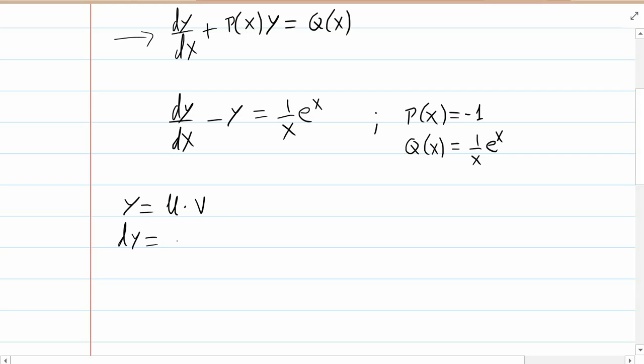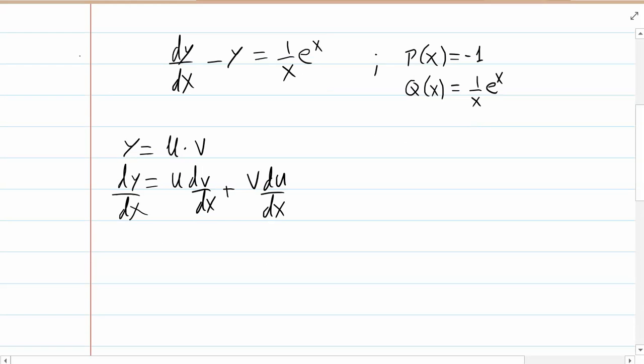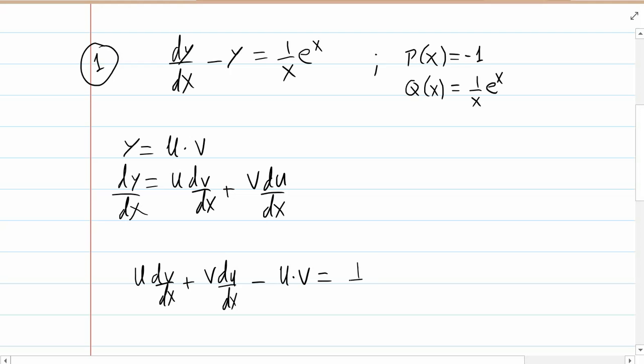This gives dy = u dv/dx + v du/dx. We substitute this into equation 1, and that becomes u dv/dx + v du/dx - y, which is uv, equals (1/x)e^x.